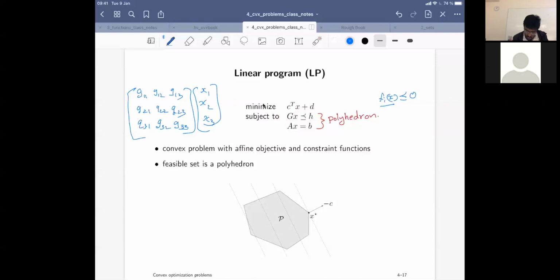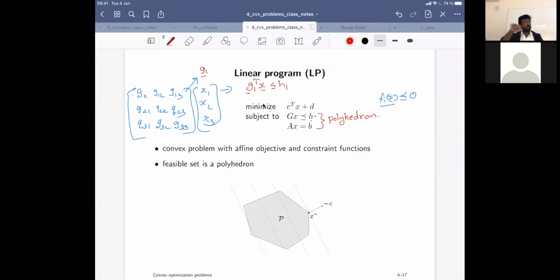Corresponding to each row, you will have an inequality. If I denote the first row as vector G1, this will be G1 transpose X, which is less than H1, the first element of H.